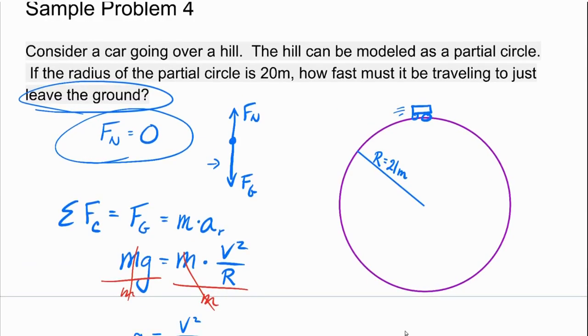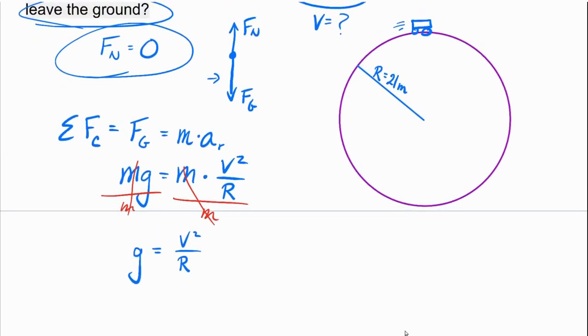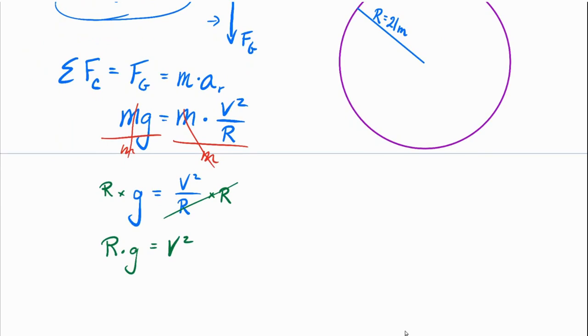And I'm trying to find how fast, so I'm trying to find my velocity. So I'm going to go ahead and manipulate this equation so that velocity is by itself. I'm going to multiply both sides by r, that'll get that to cancel out. Then I'll have r times g is equal to v squared. And then to get rid of the squared, I just need to square root.